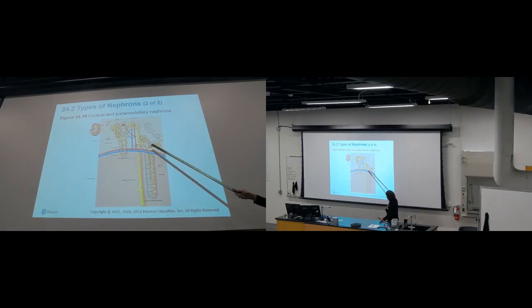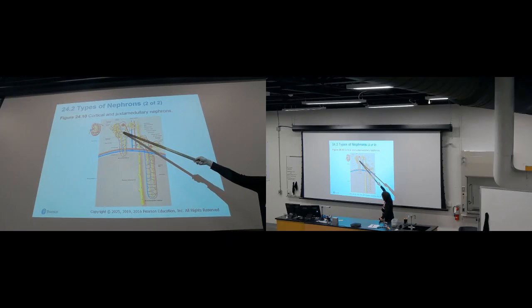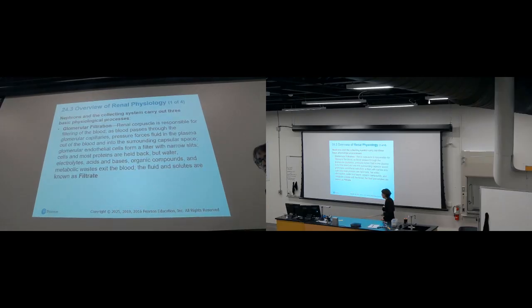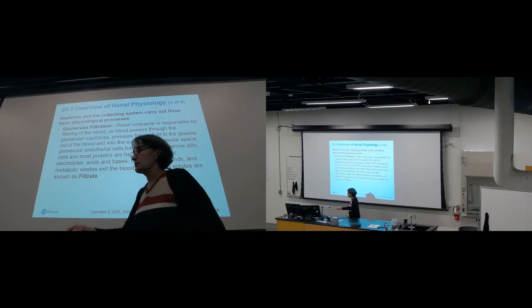And then no matter if it's juxtamedullary or cortical, they drain their filtrate, or their fluid, into the collecting duct, which is this, as you can see by the arrows. And then that's how you empty this.